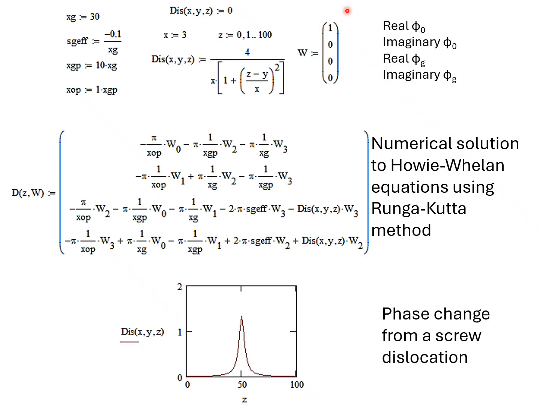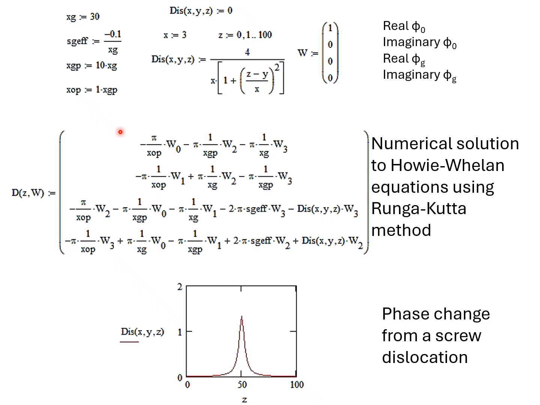Where this array here represents the starting conditions for the real part of the direct beam, the imaginary part of the direct beam, the real part of the diffracted beam, and the imaginary part of the diffracted beam. And within MathCAD, there is the Runge Kutta routine.